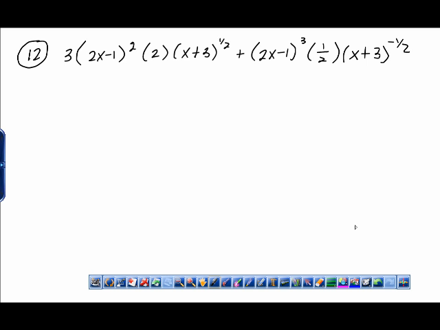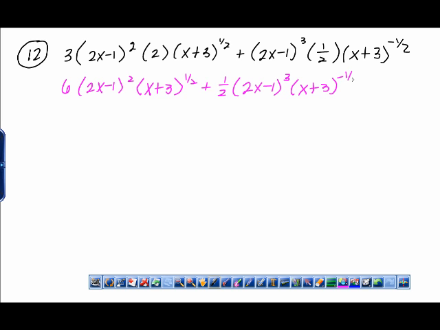One thing that may be beneficial is to go ahead and just get one leading coefficient, like rewriting this as 6, 2x minus 1 squared, x plus 3 to the 1/2, and then 1/2. If you're good juggling a whole bunch of numbers, this may not be necessary. But if you get confused easily, then I suggest you do this.